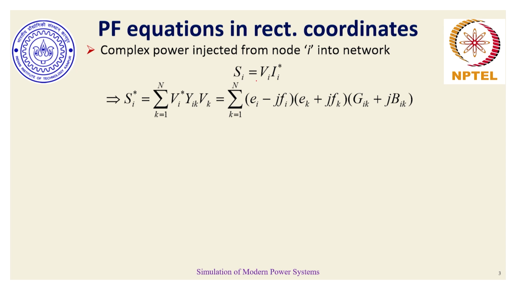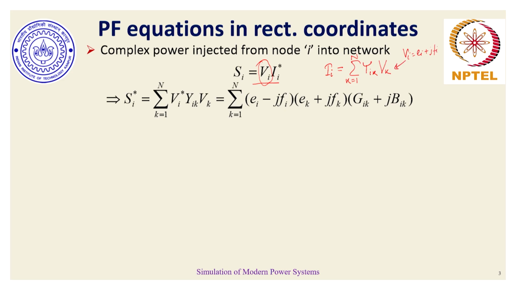The complex power expression remains the same, and the current injection at bus i also remains the same. That is, it can be rewritten in terms of bus admittance matrix elements and all the other voltage phasors. The difference here is that Vi, instead of being represented in polar coordinates, is now written in the form of rectangular coordinates.